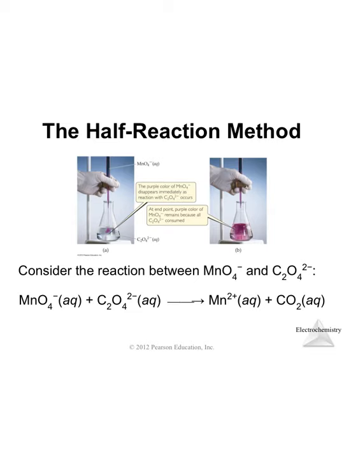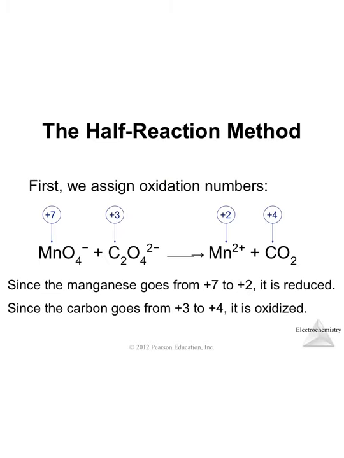So basically what we need to do first is decide what is oxidized and what is reduced. So when we assign oxidation numbers, we see that the permanganate ion, the MnO4-, the manganese goes from +7 to +2, and so that is going to be a reduction.